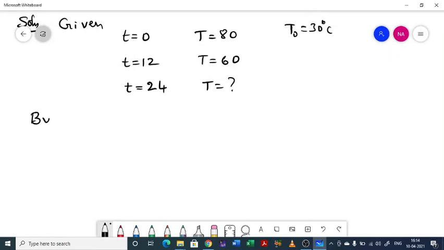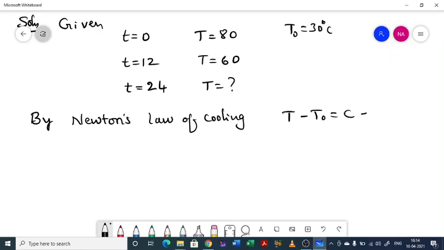Now, by Newton's law of cooling, we have T minus T naught equal to C into e power minus kt.